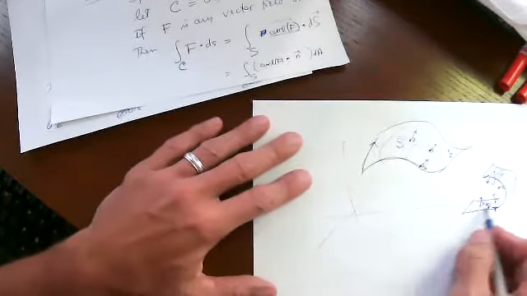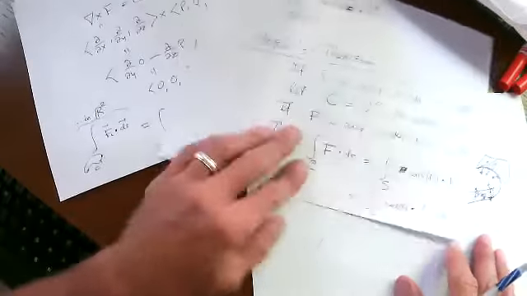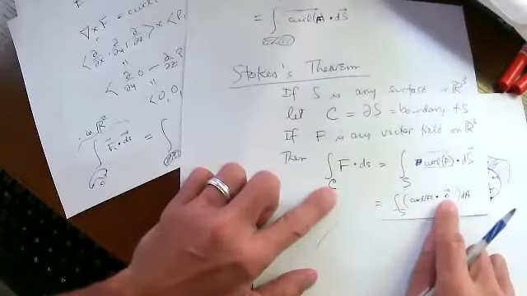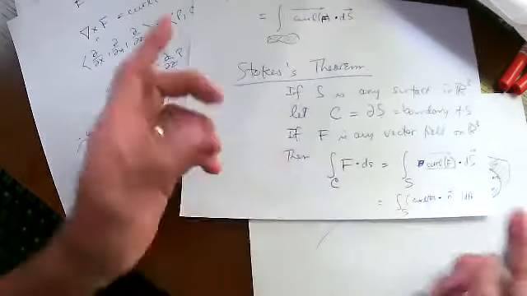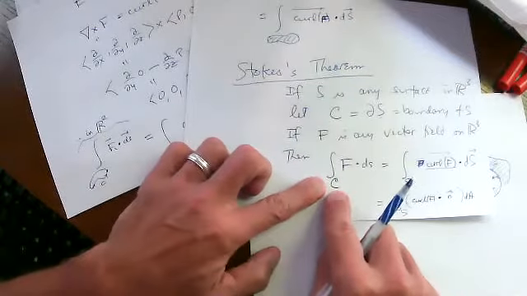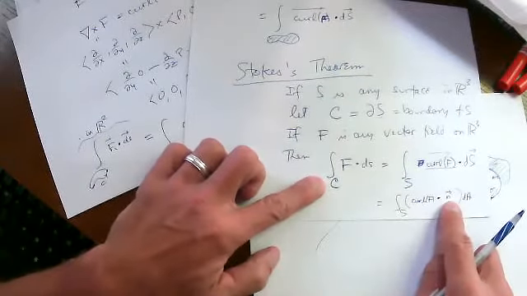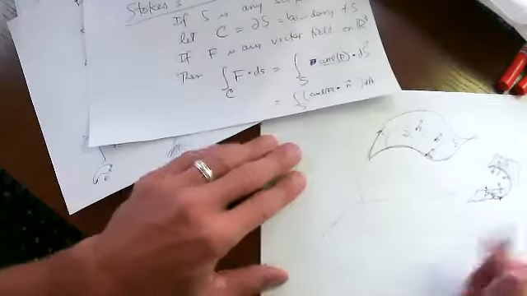So that tells you which of the two directions to use on the curve if you've been given the orientation of the surface. And on the flip side, if you already were given a curve, then you have to choose the orientation on the surface to match.